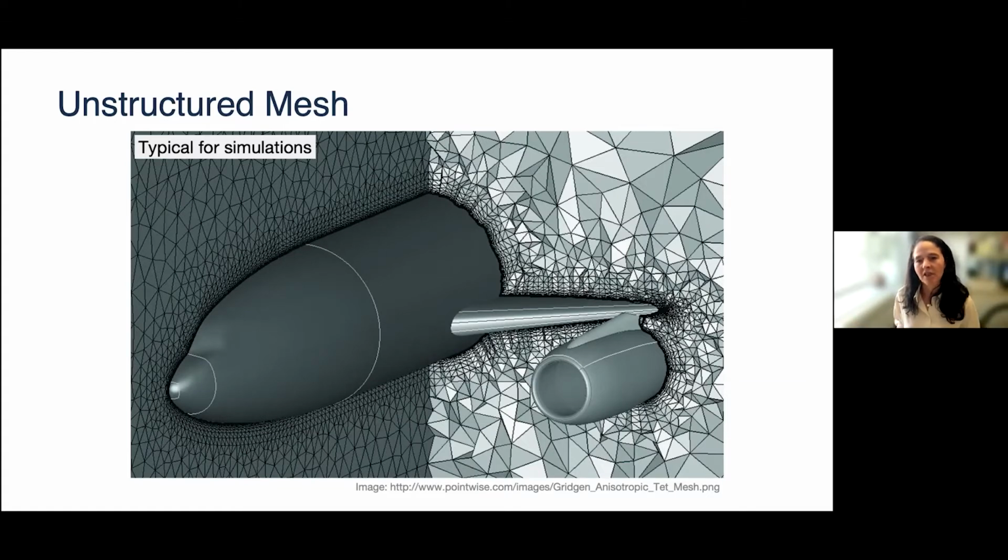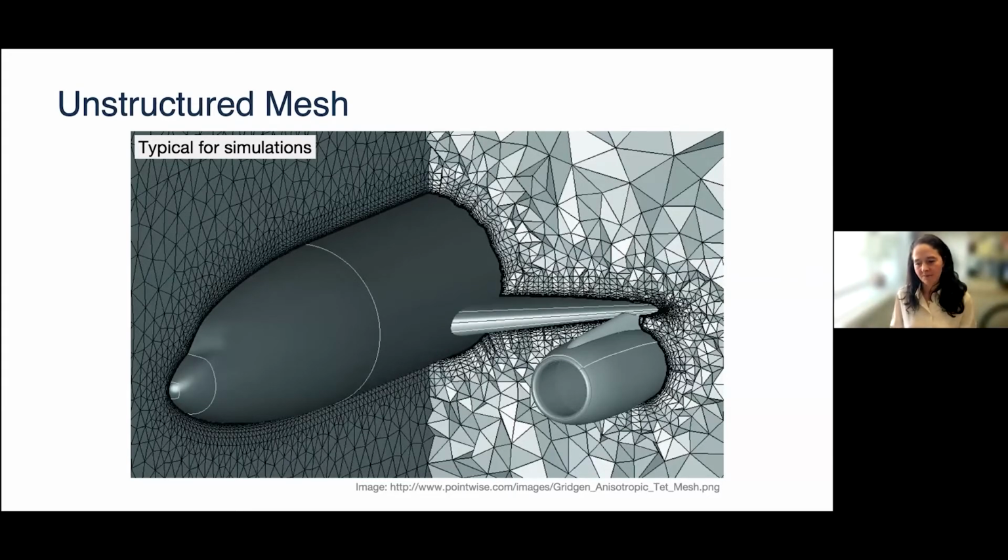As you see here in the image, where we have a lot of tetrahedra filling the space, in many cases this is even a mix of tetrahedra, prisms, and other data structures. This means you need a way to interpolate in your data to fill your entire space with your data.